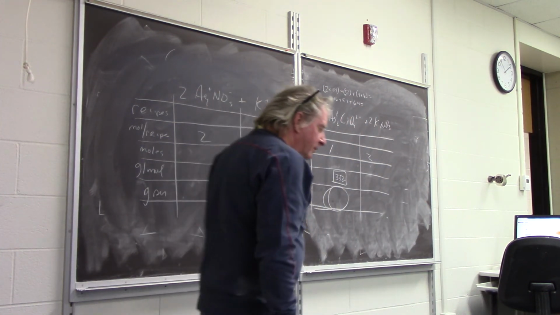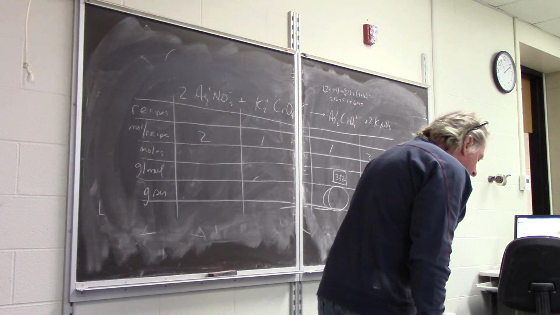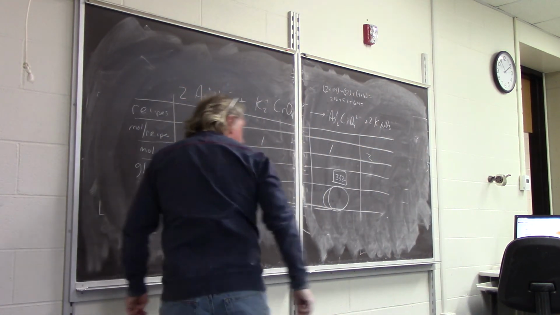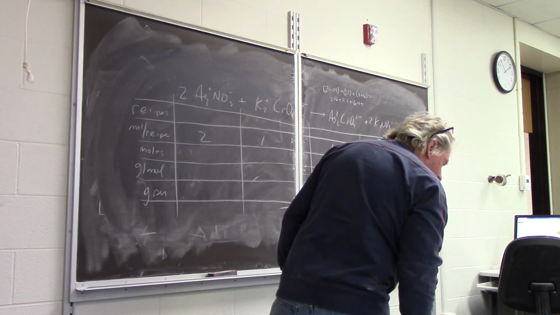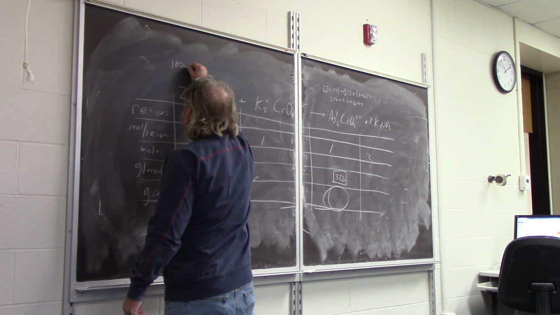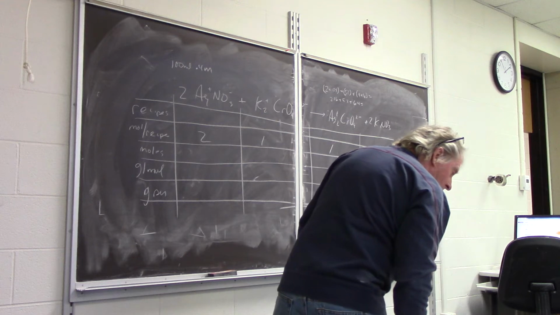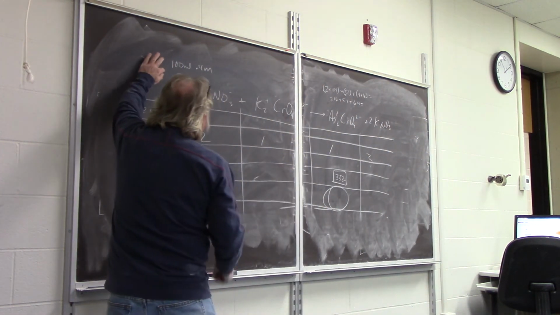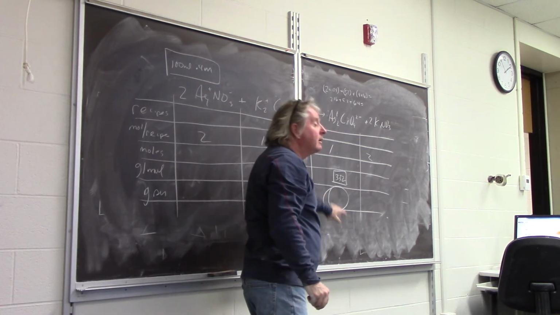All right, and what am I given? I'm given milliliters, so I'm given this guy over here. So I'm given 100 mils of 0.4 molar. So what I want to do is use this number here to get to this number.